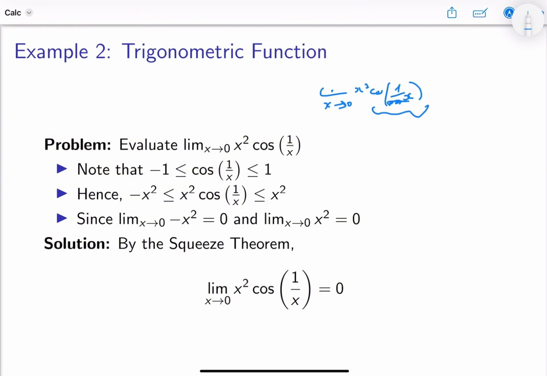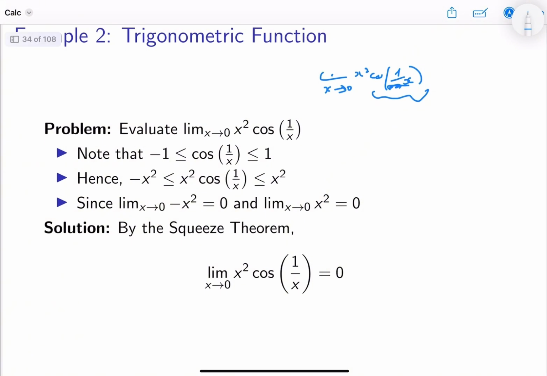It's not really defined. So we need to get rid of this cosine because it's annoying, and we cannot just get rid of it directly. So what is one way of getting rid of cosine? This is a trick that I need you to remember. Usually when you have cosine and sine, the sine of x and the cosine of x satisfy the inequality that they're less than or equal to 1.